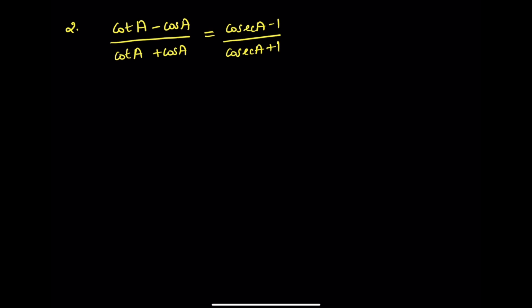Now let's address the second problem. Here we have to prove that cot A minus cos A divided by cot A plus cos A is equal to cosecant A minus 1 divided by cosecant A plus 1.